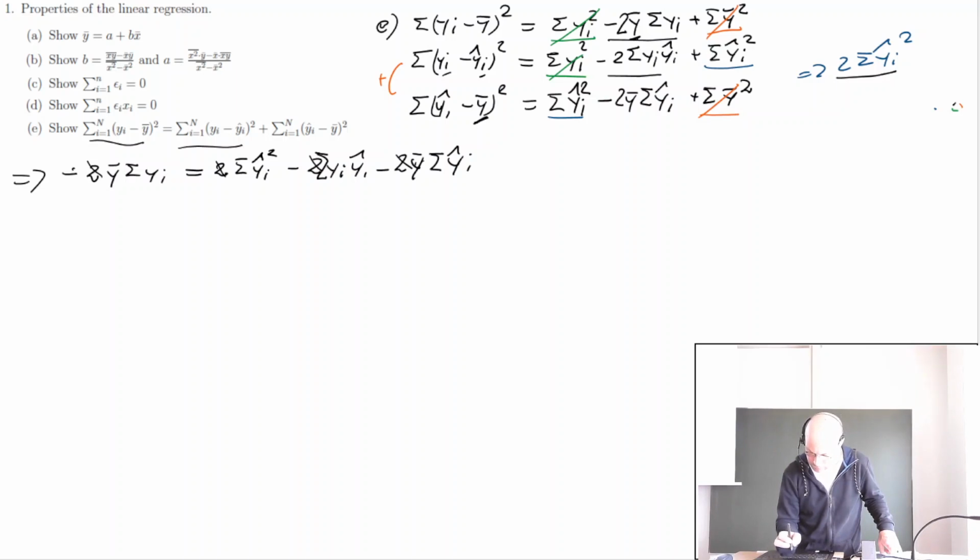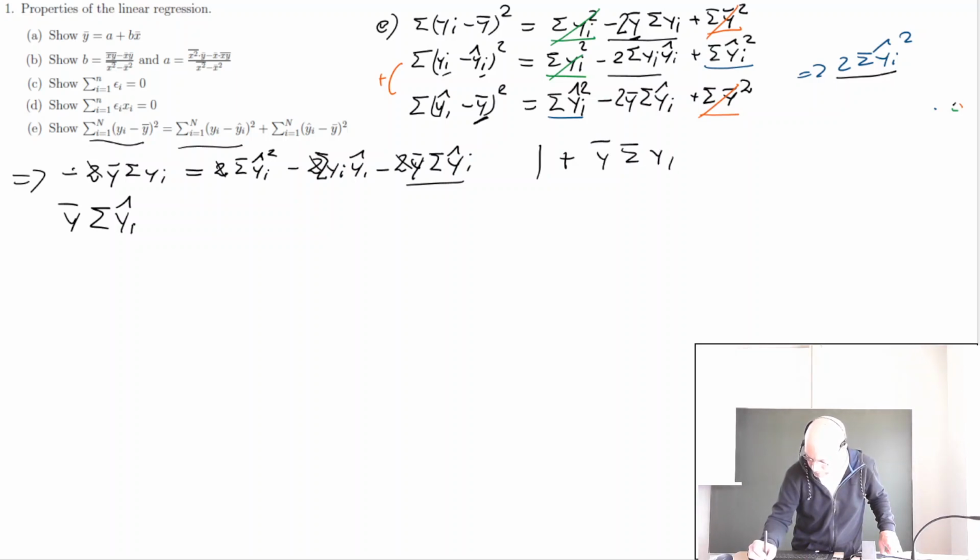So then we take this on the left side. Then we obtain y bar times the sum over y hat i. So we do plus y bar sum over y hat i minus this one. So this comes from here and this comes from here.